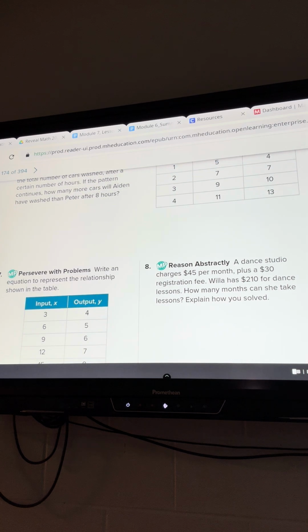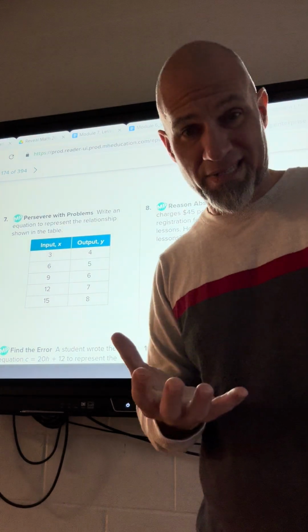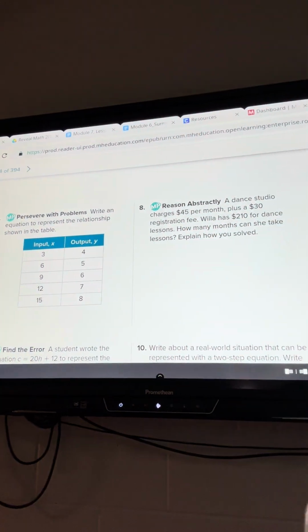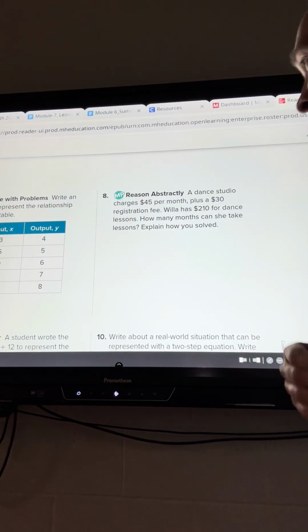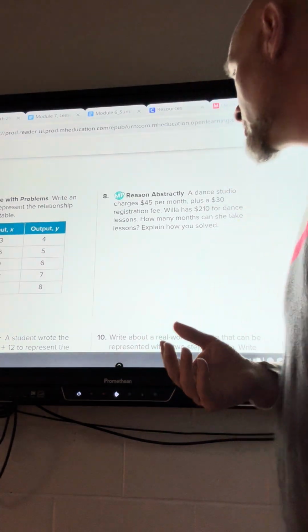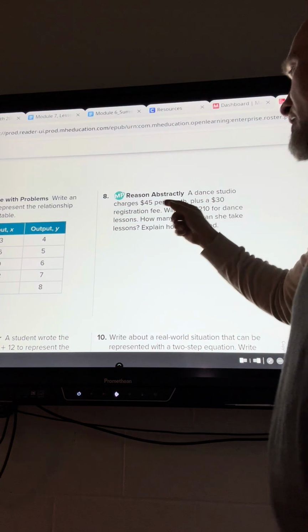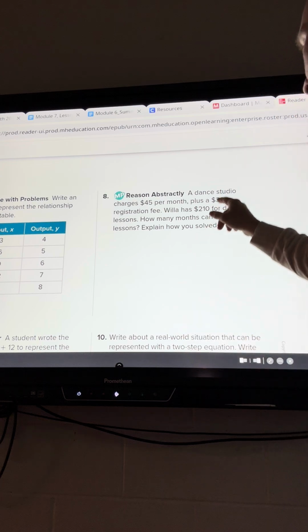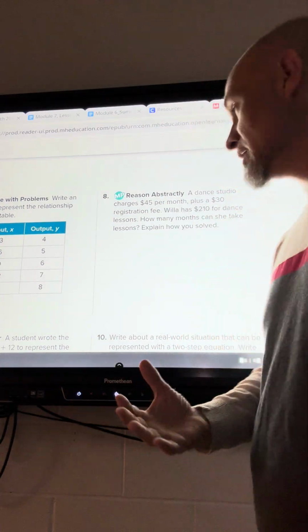Number 8, this is a two-step example. And honestly, this is more of an inequality than an equation, because it says a dance studio charges $45 per month plus a $30 registration fee. So you know that $30 has to be added to whatever the monthly totals will be.